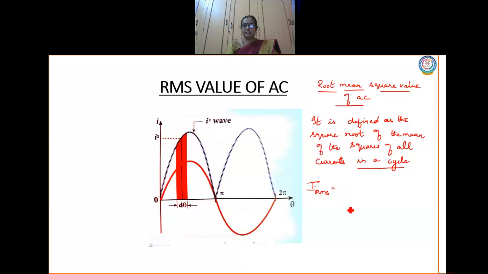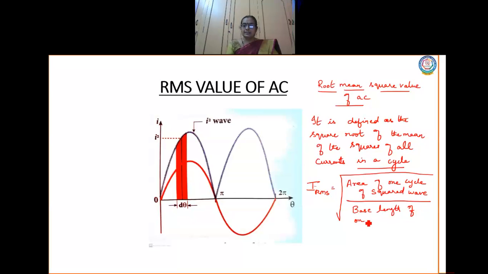The formula for this is the square root of the squares of all currents in a cycle, found by the area of one cycle of the squared wave divided by the base length of one cycle.